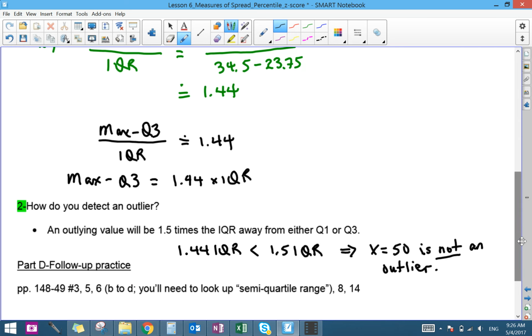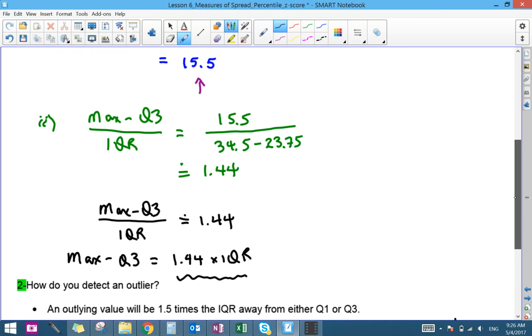But here, its distance beyond the IQR is 1.44 IQRs, less than 1.5 of them. So that's one way that you can determine if it's an outlying value.